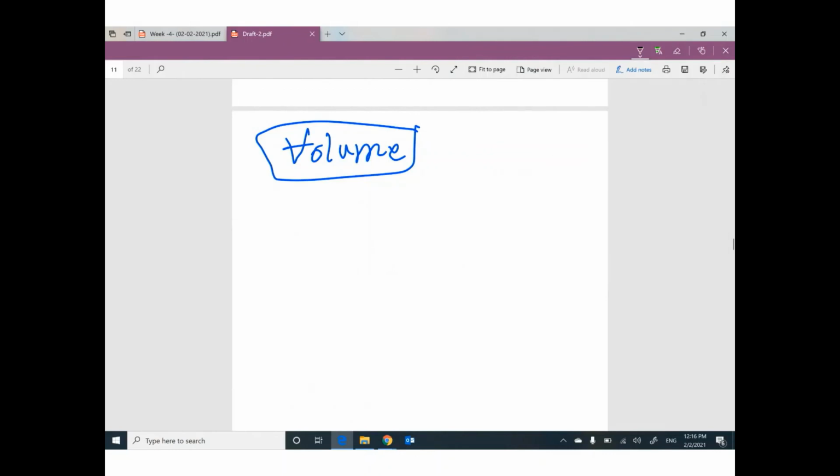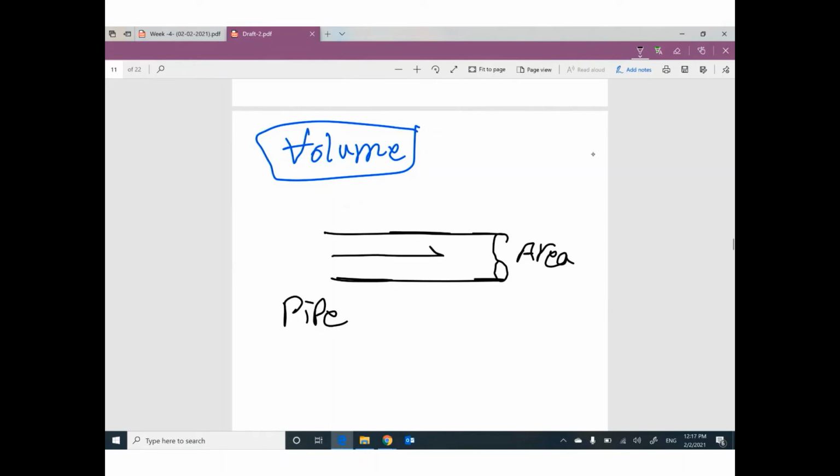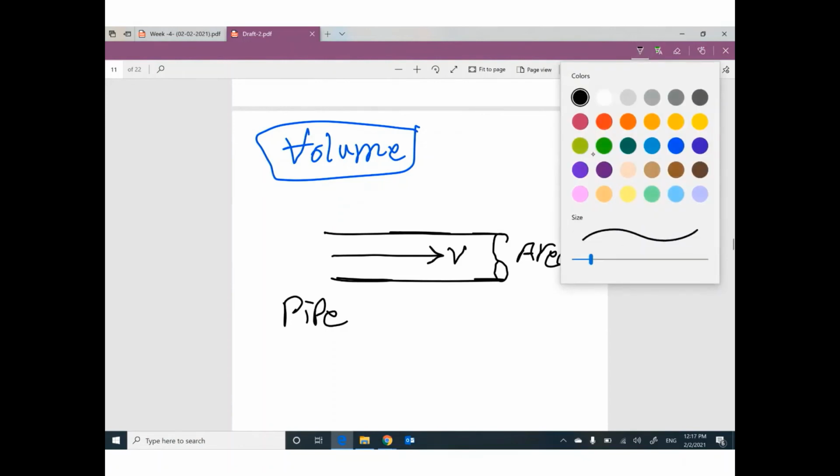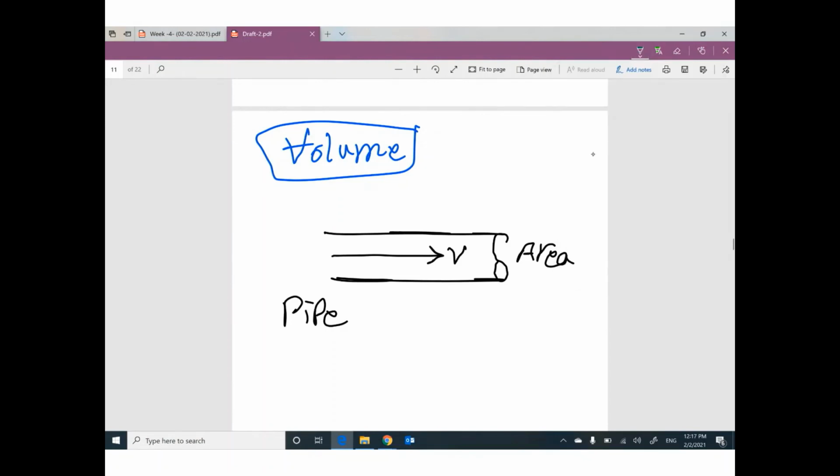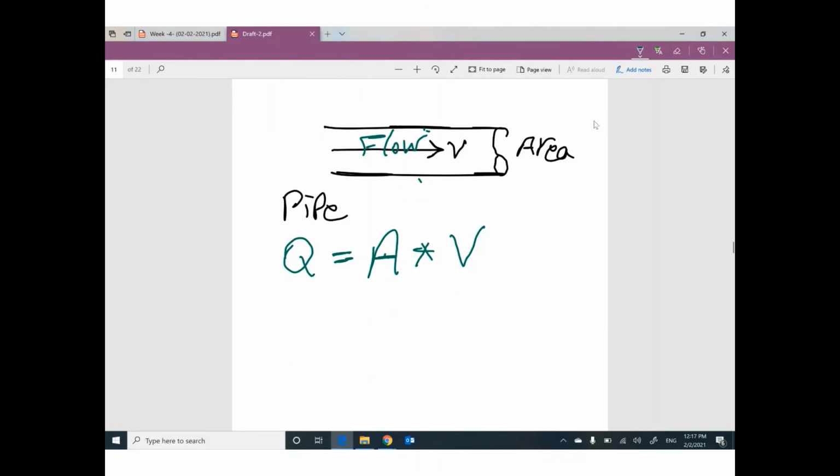So if you have a flow in a pipe, and this pipe has a cross-section area A, and the flow in this pipe has a velocity v, the continuity equation tells you the discharge equals the area of this pipe times v, the velocity of this flow.